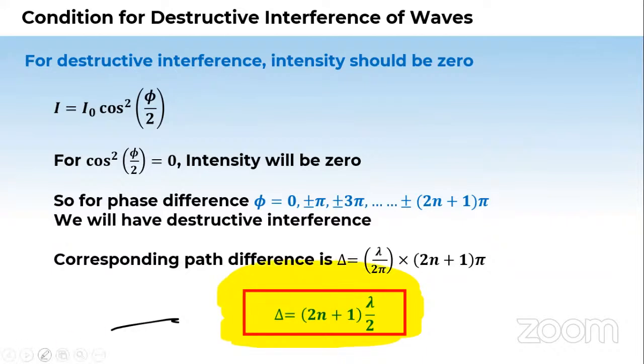This is the path difference in front of you. Please note it down.